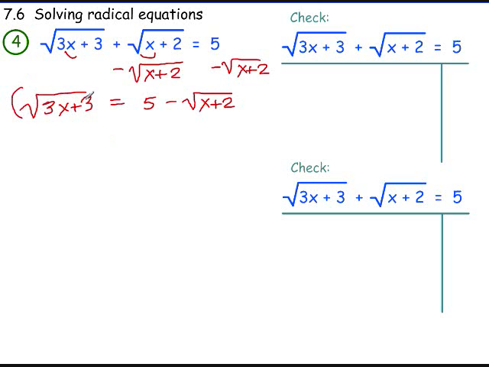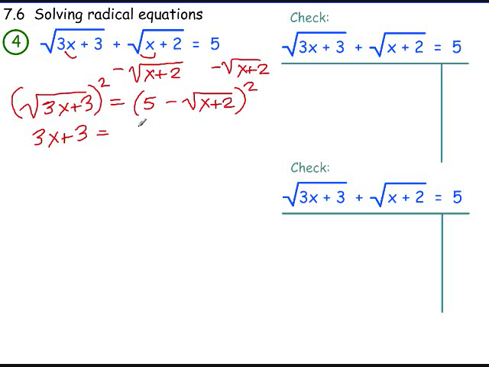Well, you know, it might not have been all that much of an advantage to do that, because either way we're going to have a middle term with a radical in it. This one is going to work out very nicely. Square root and power of 2, I'll have 3x plus 3. But over here, I have a middle term.